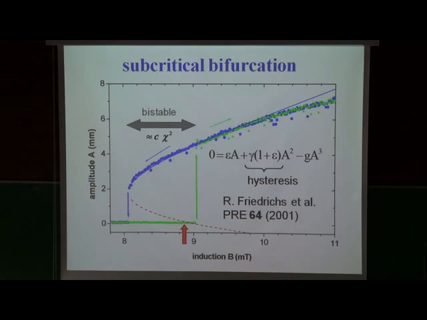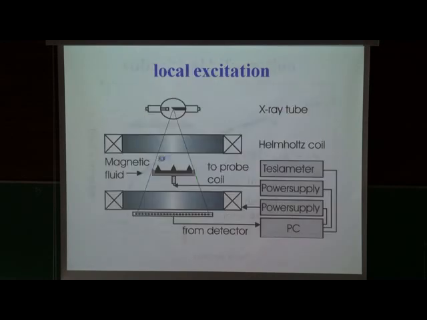So anyhow, you see now that we have a large subcritical bifurcation. Subcritical means that you have here a hysteresis, and that this branch here is unstable. And now the question is, what will happen if we disturb the system? Here you have the flat layer, and you see that you have a bistability. Here you have the extended pattern.